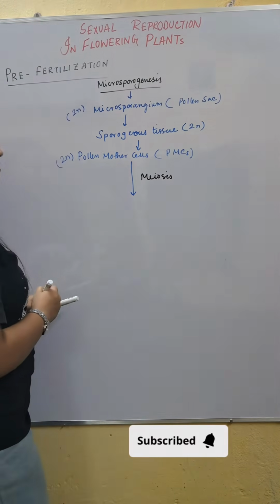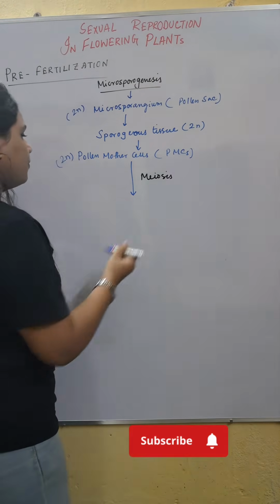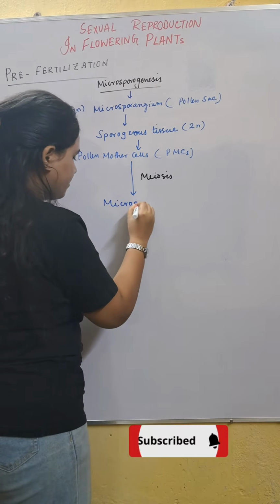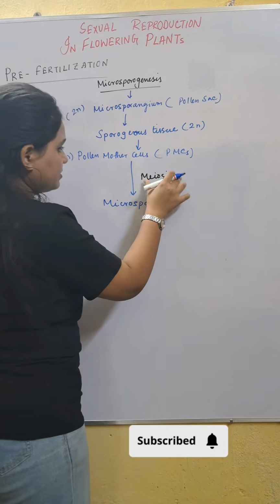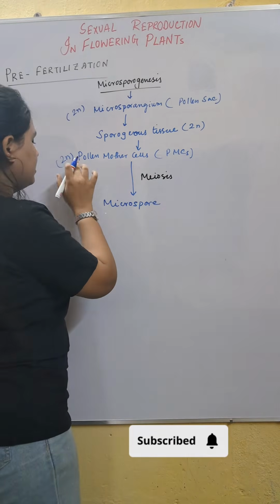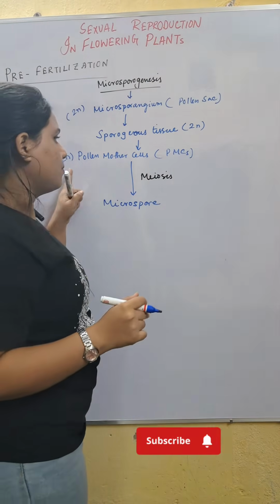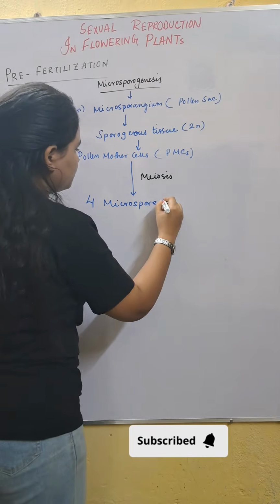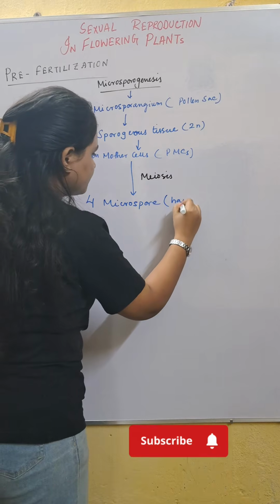Now, when the meiosis occurs, the pollen grain or microspore will be formed. In every meiosis, whenever one cell is involved, it will form four microspores which are haploid.